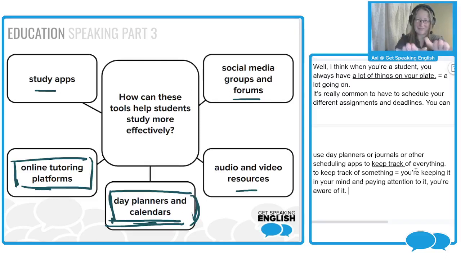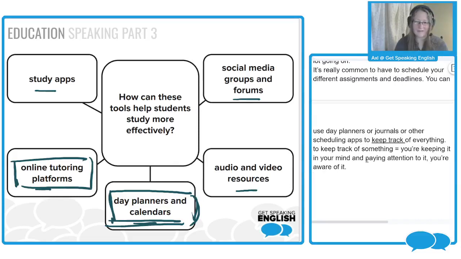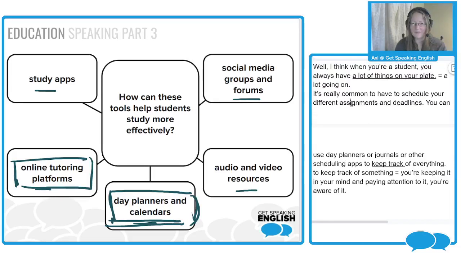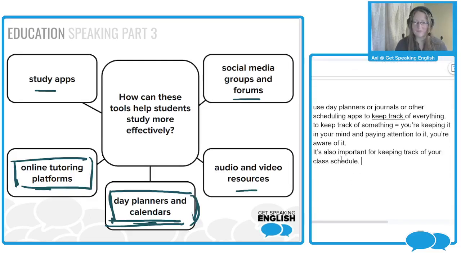It's really important to have a good system to keep track of all that information so you don't forget about everything. Yeah, it's also, like I said, really useful for keeping track of different assignments and deadlines. It's also important for keeping track of your class schedule, for example.